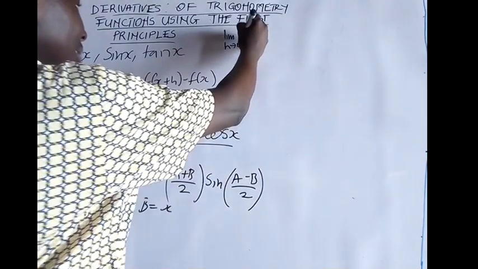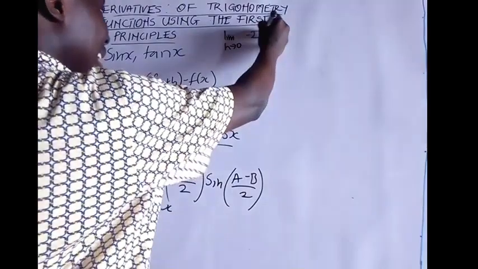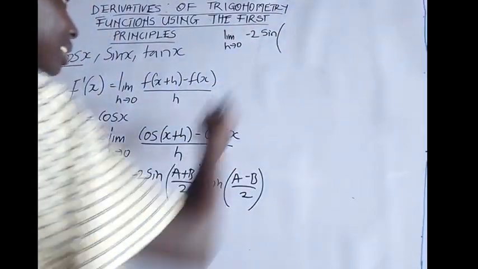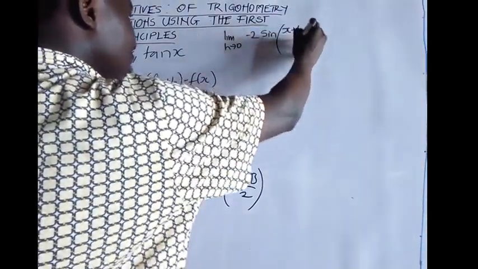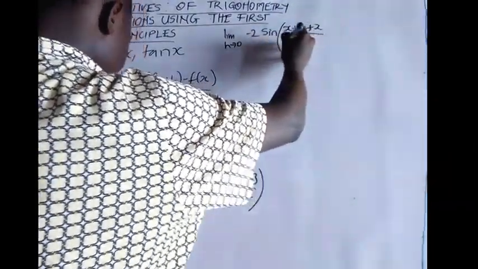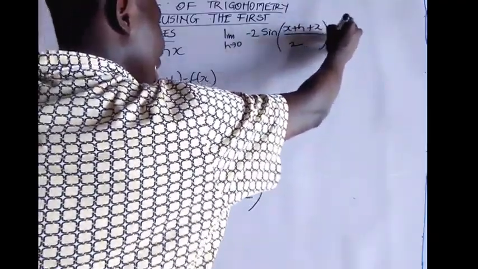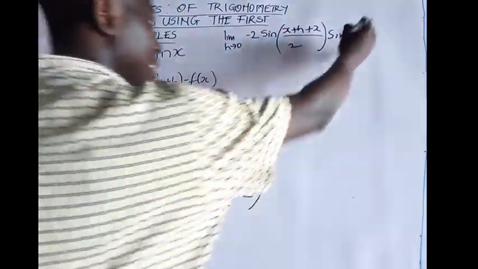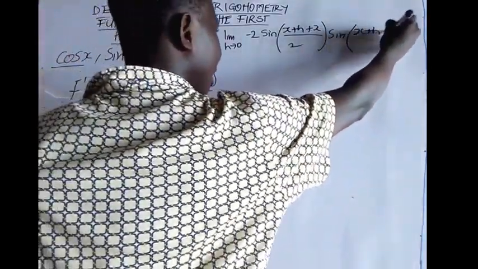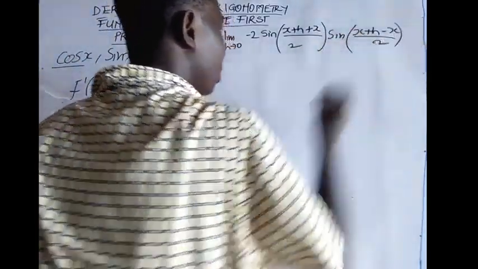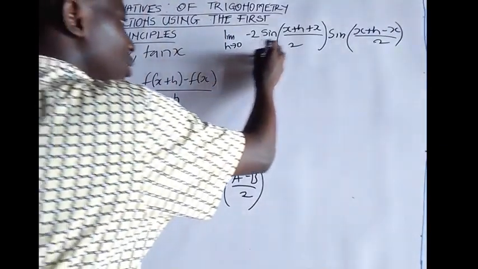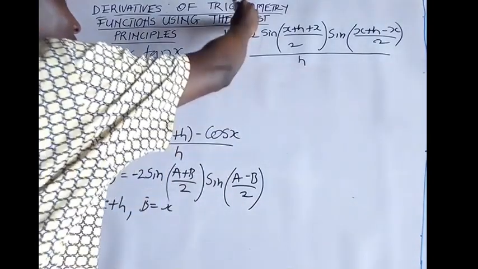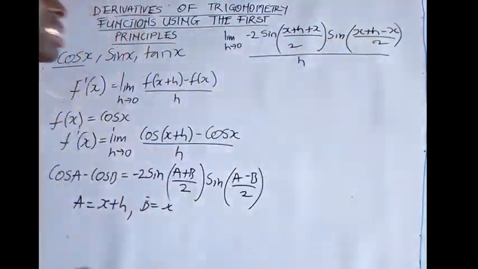So we get minus 2 sine, our A is x plus h plus x all over 2 sine, our A is x plus h minus our B x all over 2, this whole thing over h. So let's take what is at the top and then solve it.